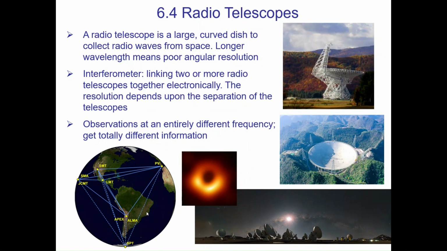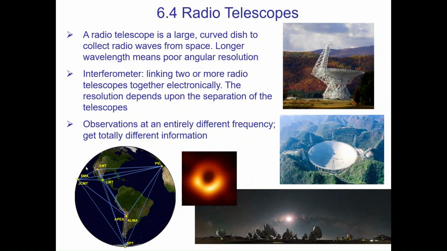And one famous interferometer is what we call the Event Horizon Telescope. That is actually not one local interferometer, and it has an array of radio dishes from all across the globe. There are radio dishes in North America, radio dishes in South America, even radio dish arrays, a group of radio telescopes, at the South Pole, as well as in Europe.